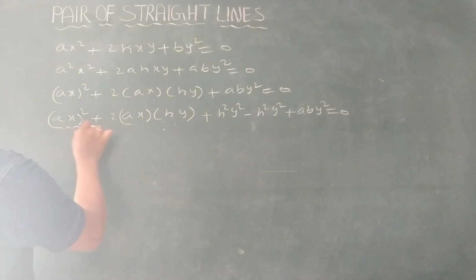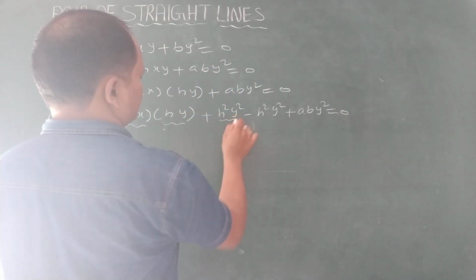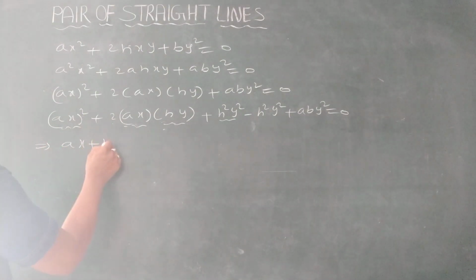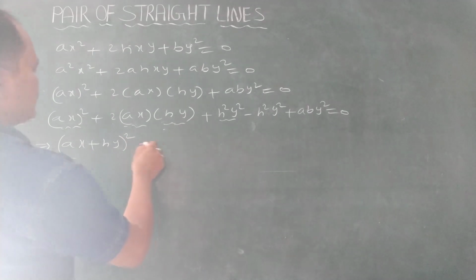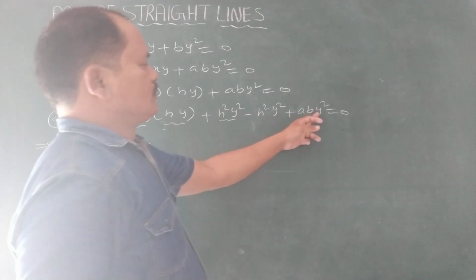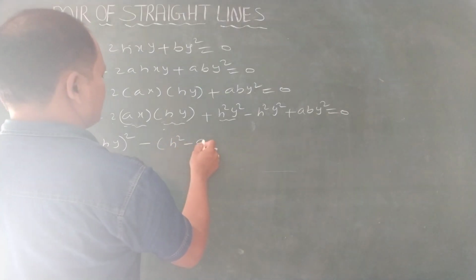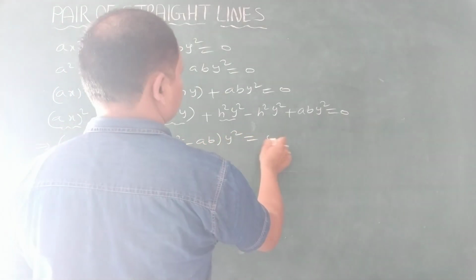Now observe, a square plus 2ab plus b square is nothing but a plus b whole square. That's why it is ax plus hy whole square minus, taking y square common from the other two terms, h square minus ab times y square is equal to 0.